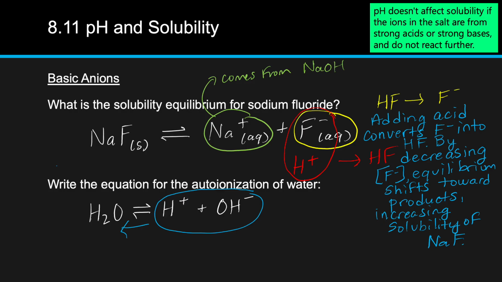And because I am consuming H plus ions to form more water, that means I have less H plus ions reacting with F minus to create HF, which means I have more F minus, and that means I'm going to shift the equilibrium to the left, decreasing the solubility of NaF.